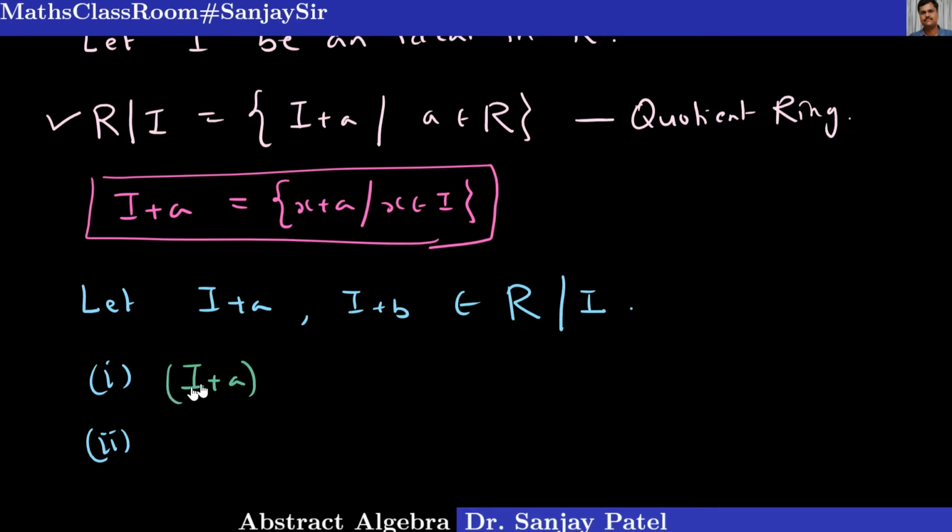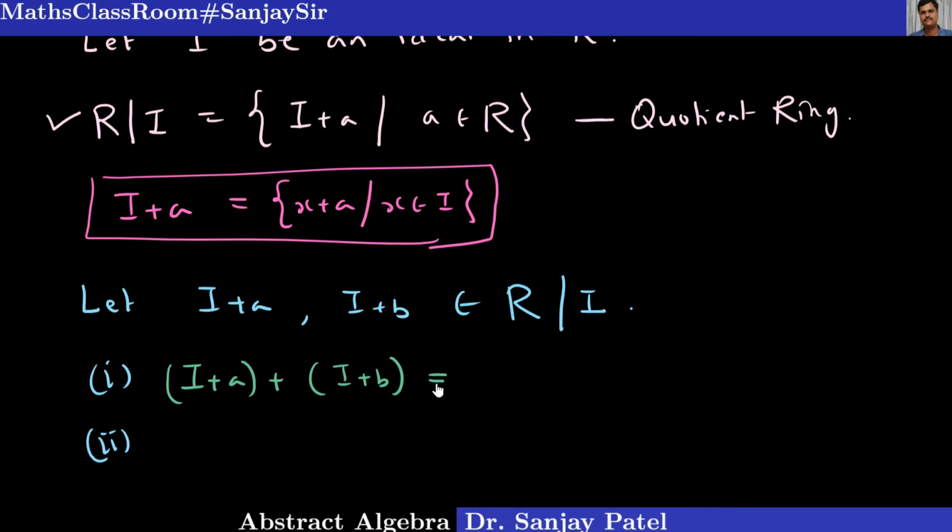If I write plus between them, see there are too many plus symbols, one, two and three, but it is clear from the context what is the meaning of which plus. Like this, I plus a is a notation for the coset, while this plus, written between the two different cosets, is the sum of two cosets, or you can say addition of the cosets.